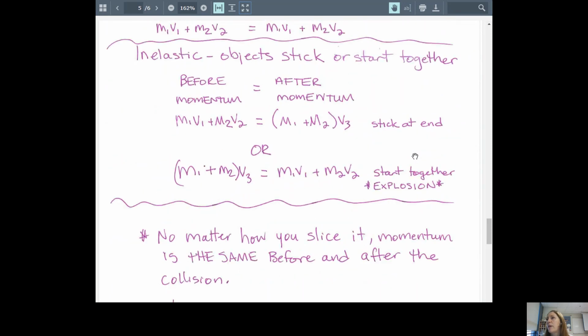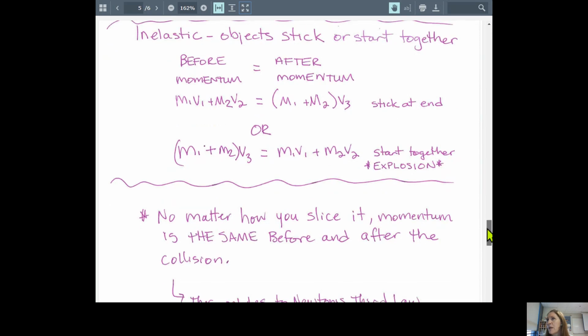And then with inelastic collisions, there's one formula for an inelastic collision, but there's two ways that we're going to look at this. So again, the momentum is conserved with before your collision and after your collision. And there's two ways of looking at this, the same exact equation. All I did was have the left be the start for one and the right be the start for the other.